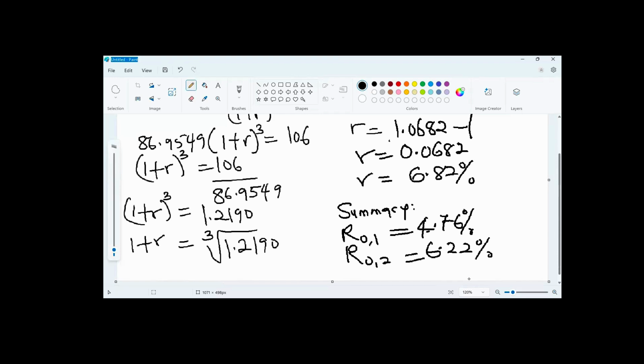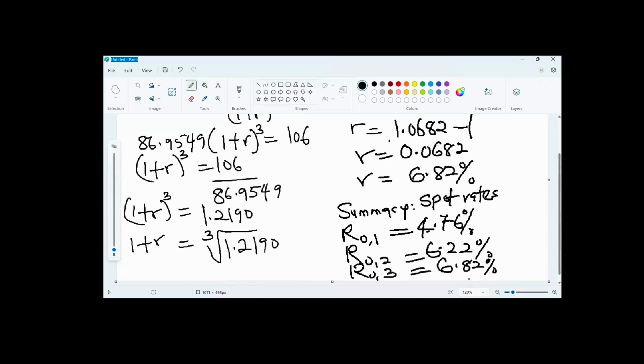Then R03, the spot rate at the end of year 3, is 6.82%. This is the summary. That is the spot rate. This spot rate is derived from the default free bond.